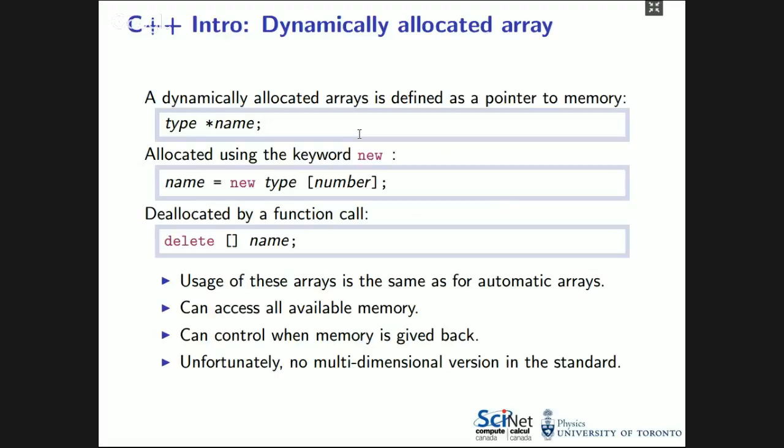So what we're going to do instead of these automatic arrays, and we'll try and do this throughout all of the course, is to do things a little bit more by hand. We'll have a pointer, called name, of a certain type. The type is what type of array elements I want. And then I can create an array by saying new type, and then square brackets number.